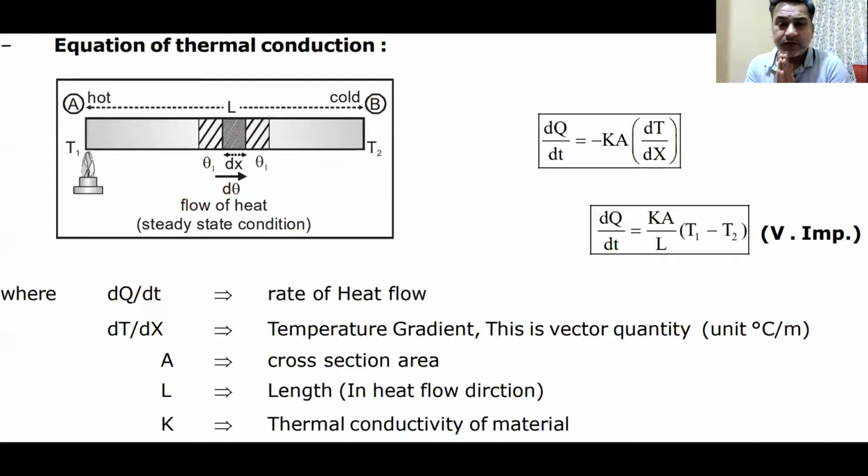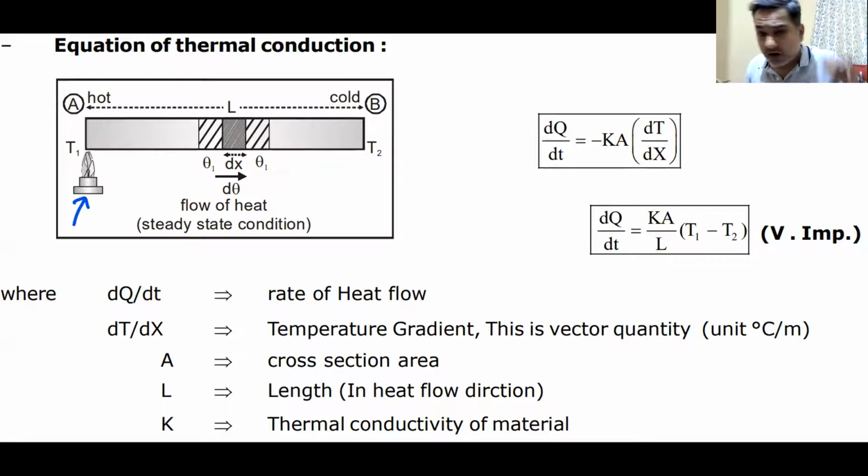And let's move on to the equation of thermal conduction. And what is the equation of thermal conduction? I hope you can see this. This is my rod, whose one end is at temperature T1. Do you see this?